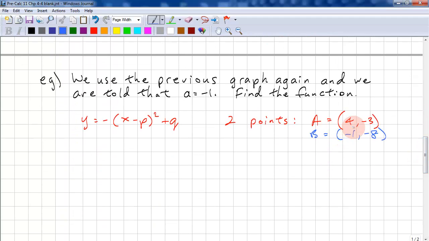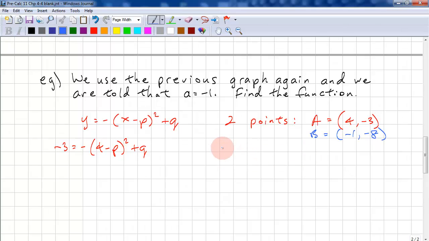So we have point A equal to (4, -3), and point B equal to (-1, -8). So let's substitute a over here. So we have -3 equals -(4 minus p) squared plus q. So that's our first equation.